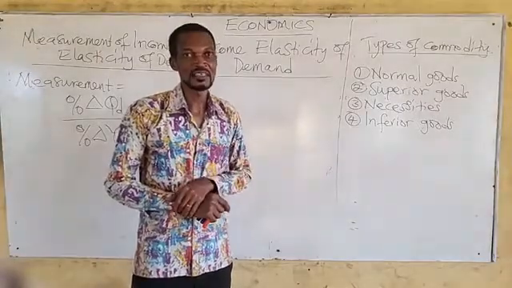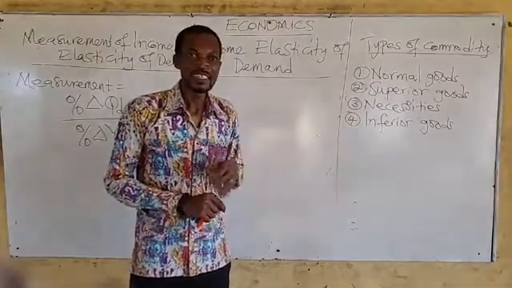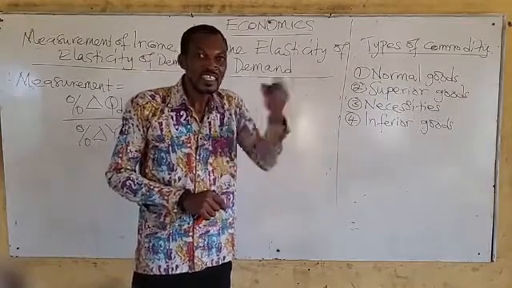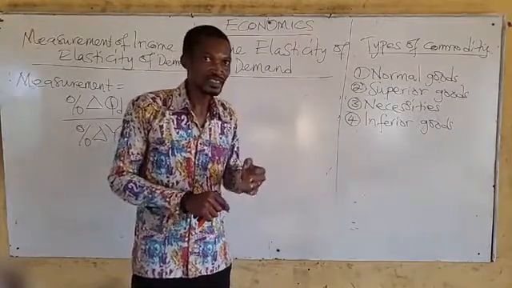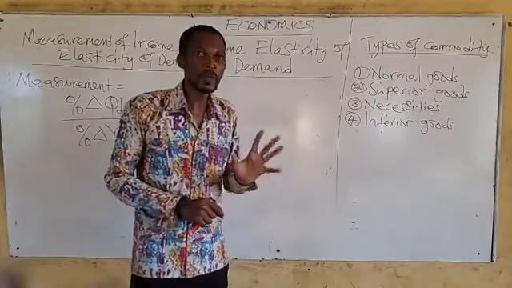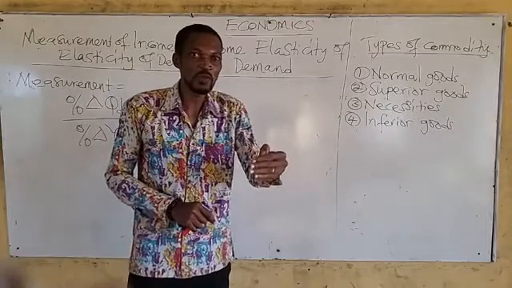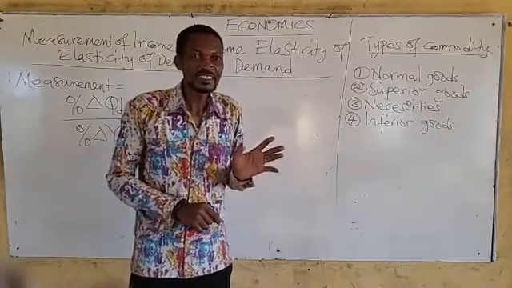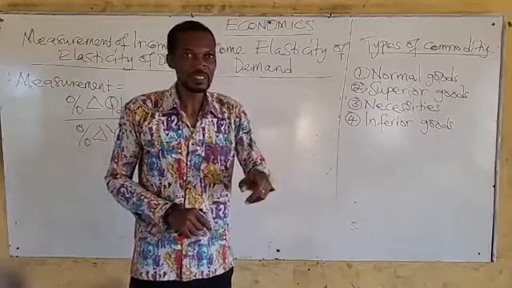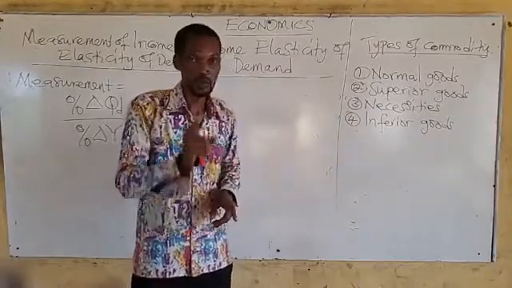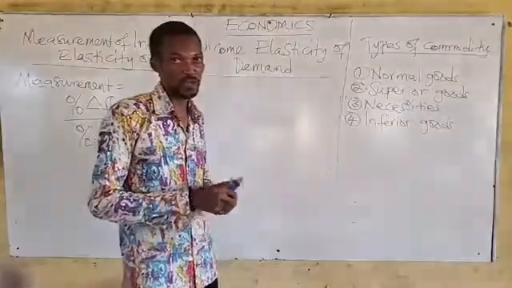Let me say it again, using the increase alone so that you don't get confused: when the percentage increase in the demand of the commodity is less than the percentage increase in the income of the person, that commodity will be a normal commodity. I'm going to show it to you right away.